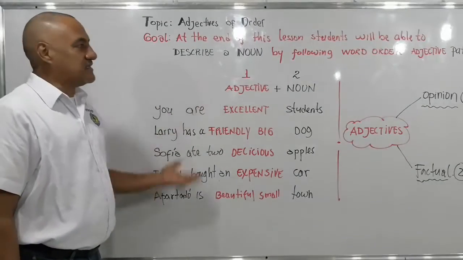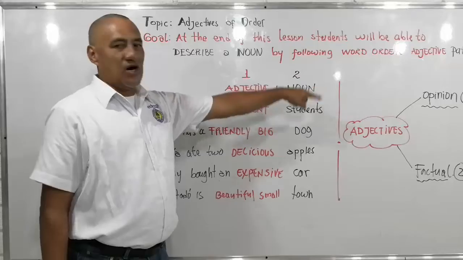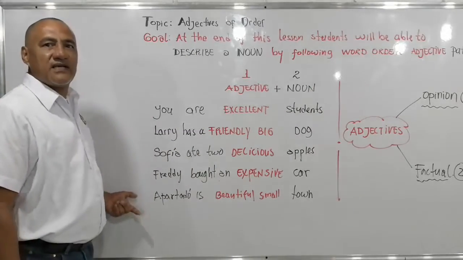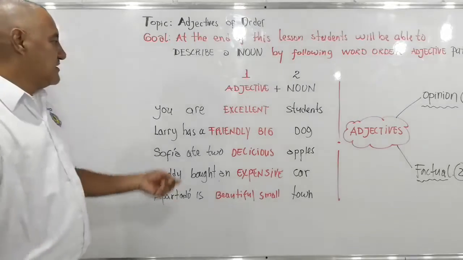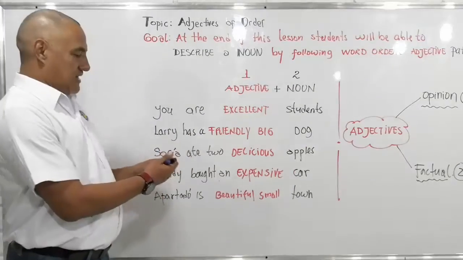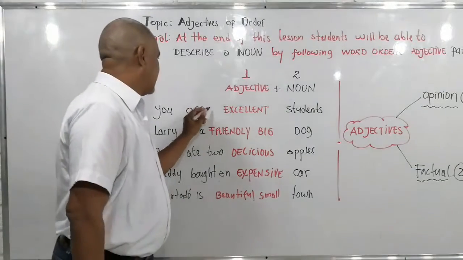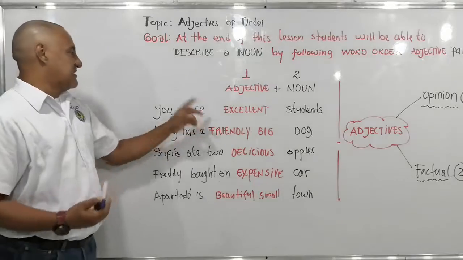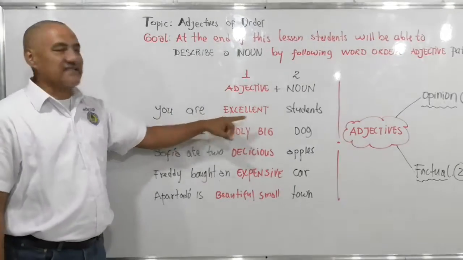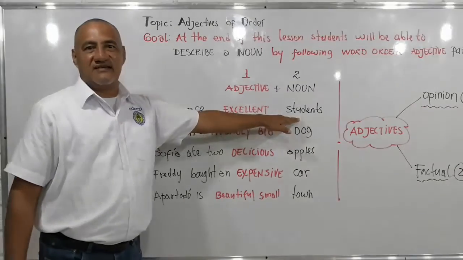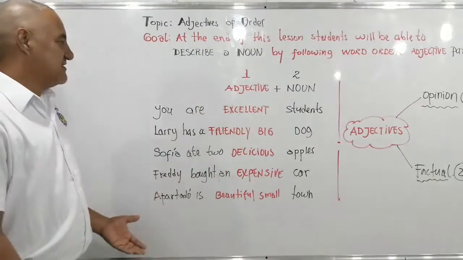Before starting with that pattern, here I just placed some examples to remind you the way we use them. All right, look, you are excellent students. Excellent is telling us what kind of students you are.